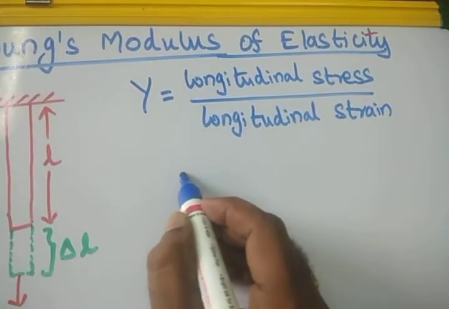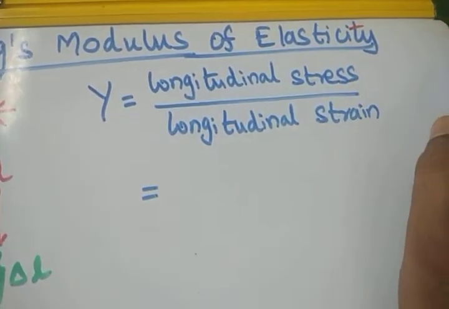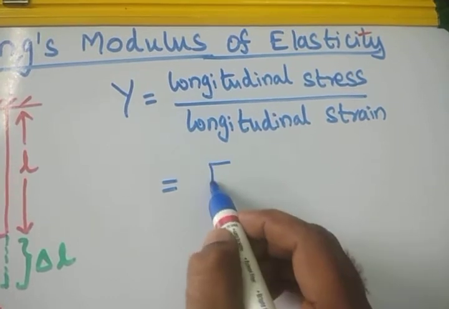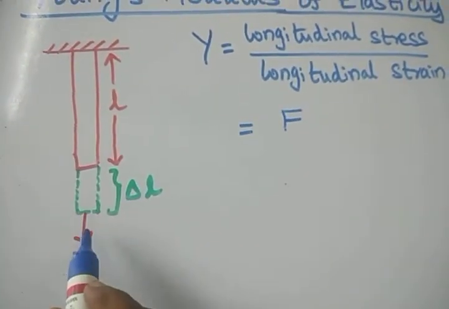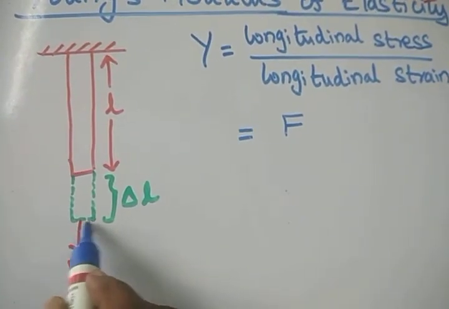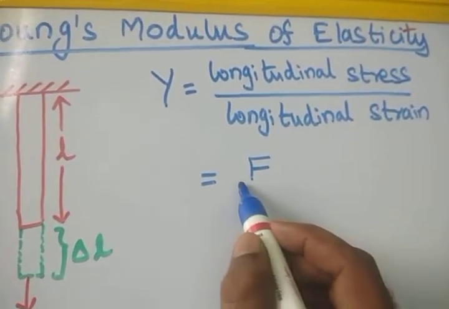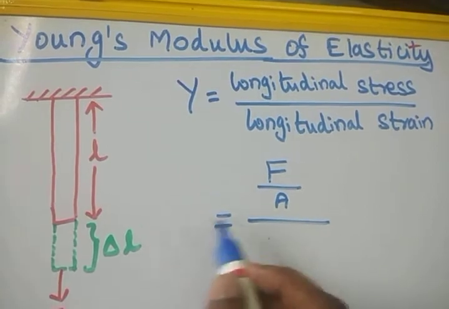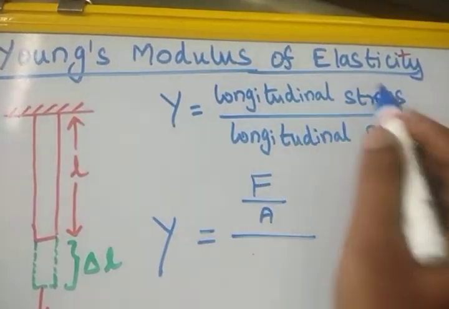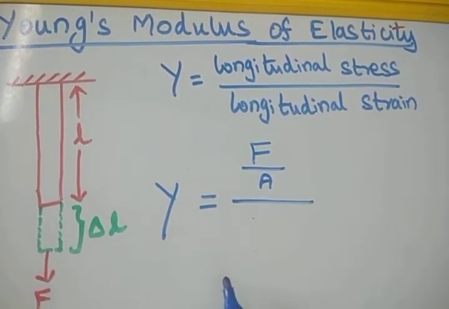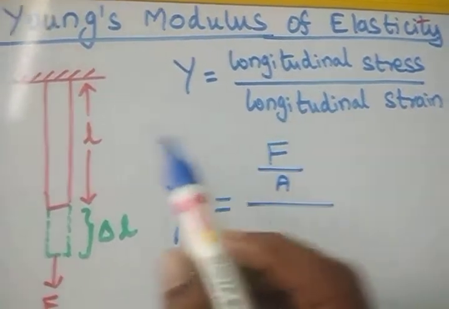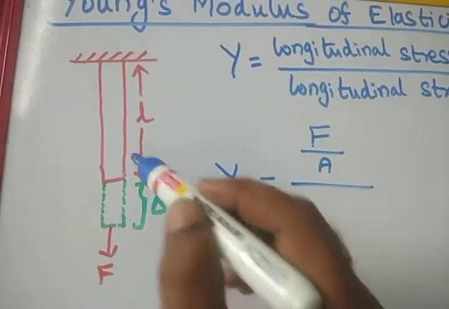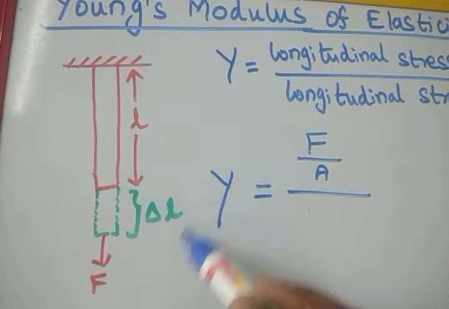Stress means force by area only. So the longitudinal stress is the force applied on this wire over the given cross-sectional area, F by A. Longitudinal strain means change in dimension by original dimension. What is the change in length?